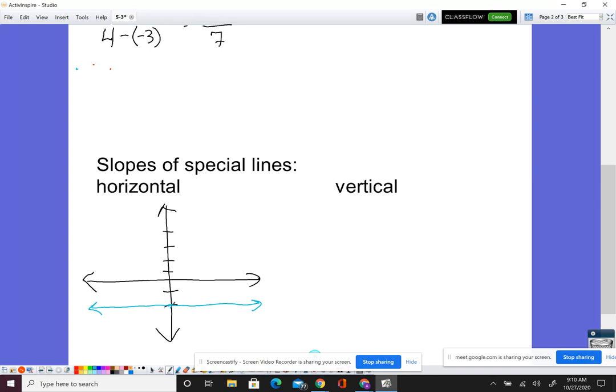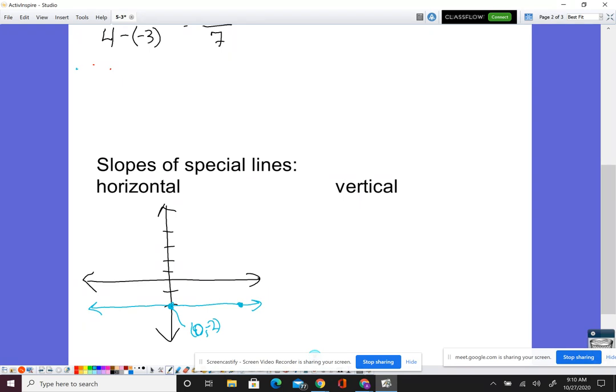Now I know one point right here where it crosses, and that point is 0, -2. I can pick anywhere else on that line and find another point.